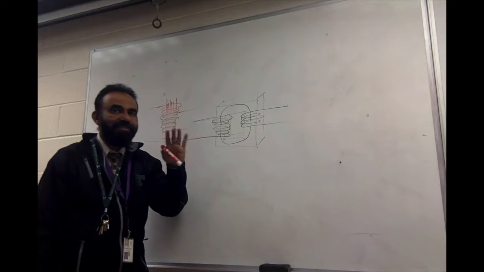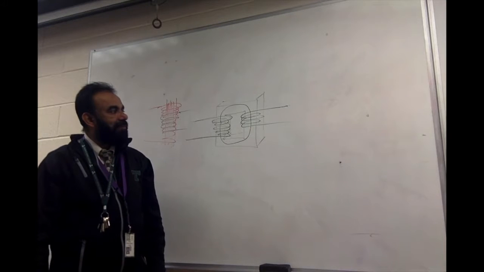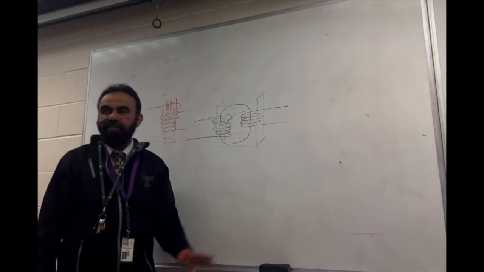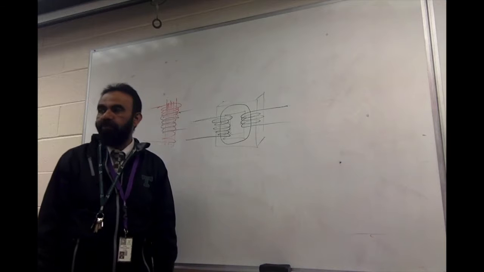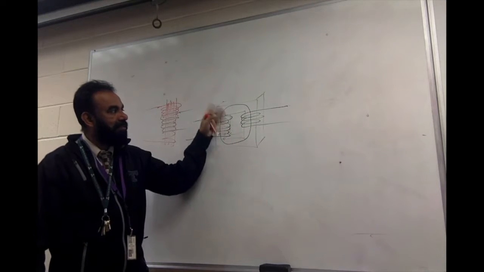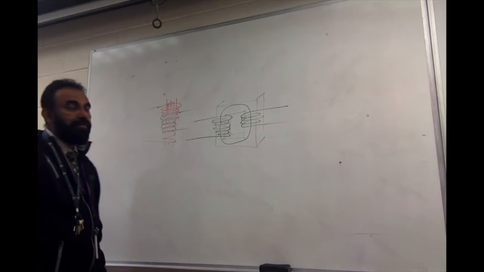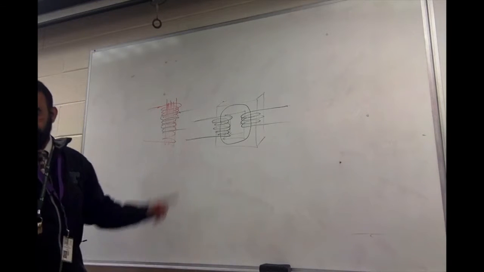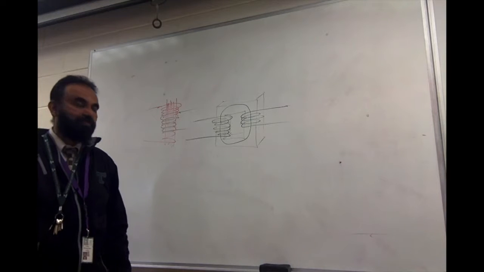So not much loss is taking place. But the distancing is something that we definitely don't want. Although I said the losses are minimal, it may still not be 100% efficient. We have transformers of this type also.